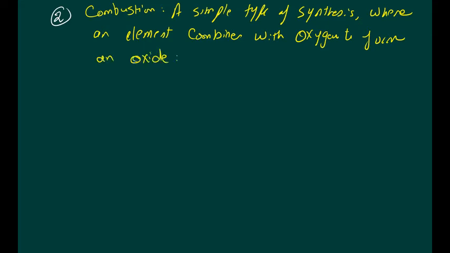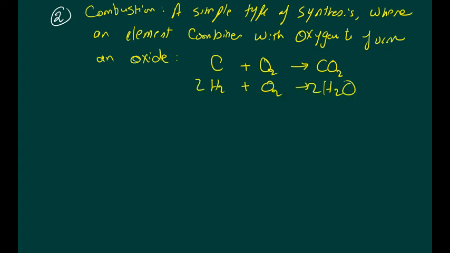Like when I say C plus O2 equals CO2, or H2 plus O2 gives H2O. So a reaction between substance A and oxygen to produce an oxide, AO2. This is the general formula.